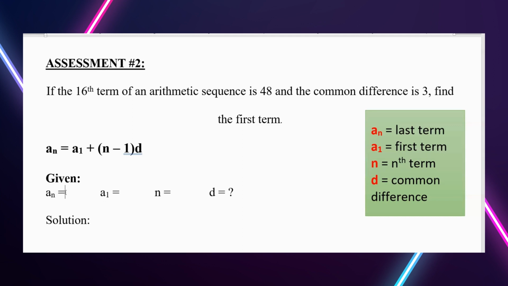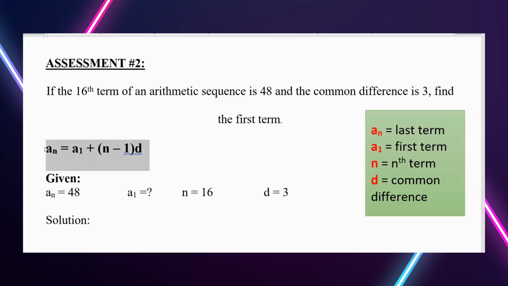Our a sub n based sa ating problem ay 48. Ang ating a sub 1 is unknown at ito ang ating hinahanap. Ang n naman natin ay 16 based sa ating problem. At ang ating common difference ay positive 3.